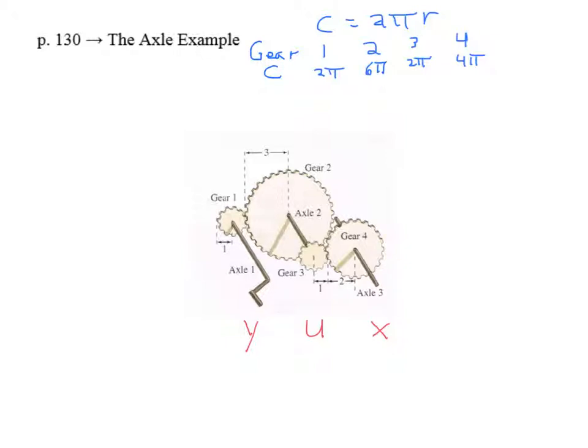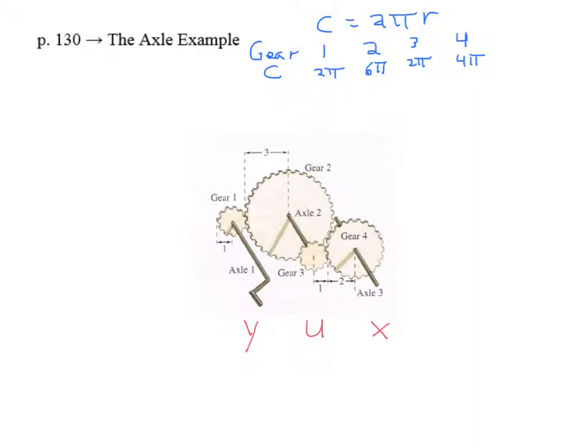If we want to look at axle 1 and axle 2, it should make sense that we would have to turn axle 1 3 times to get axle 2 to go around once, because the circumference of gear 2 is 3 times bigger than the circumference of gear 1.